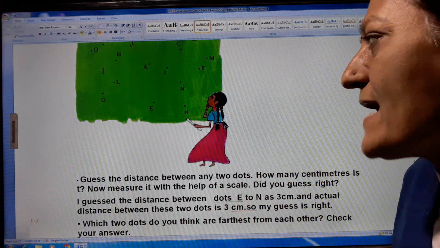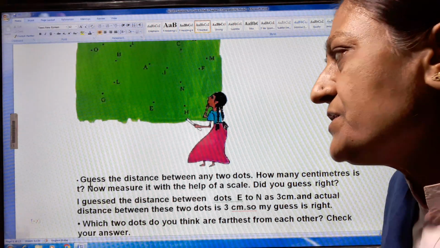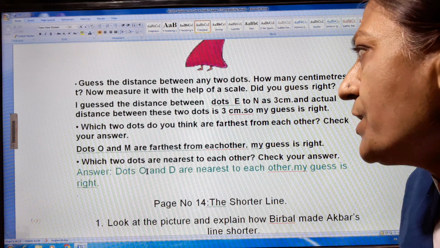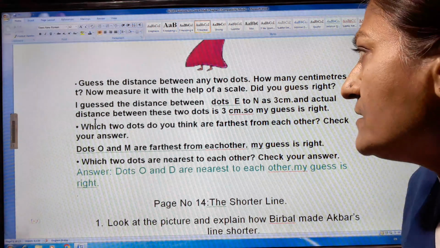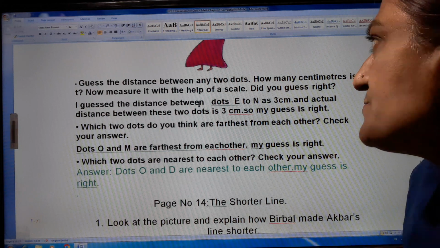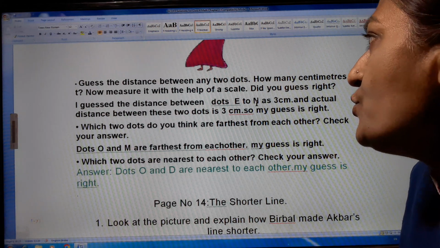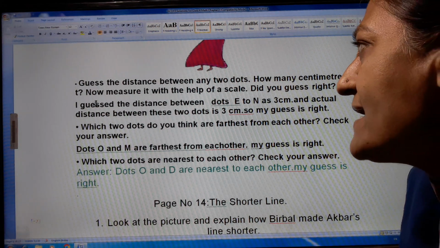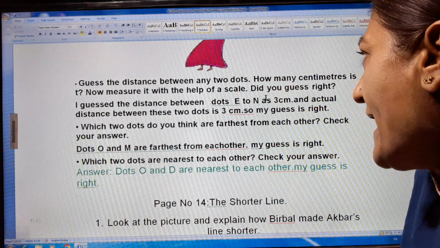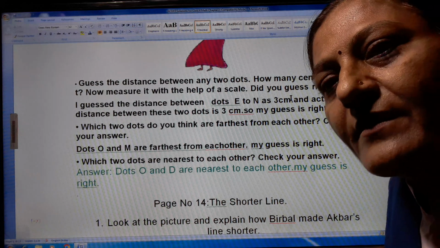Second, did you guess right? So for this question, we write the answer here. I guessed the distance between dots E to N as 3 centimeter.